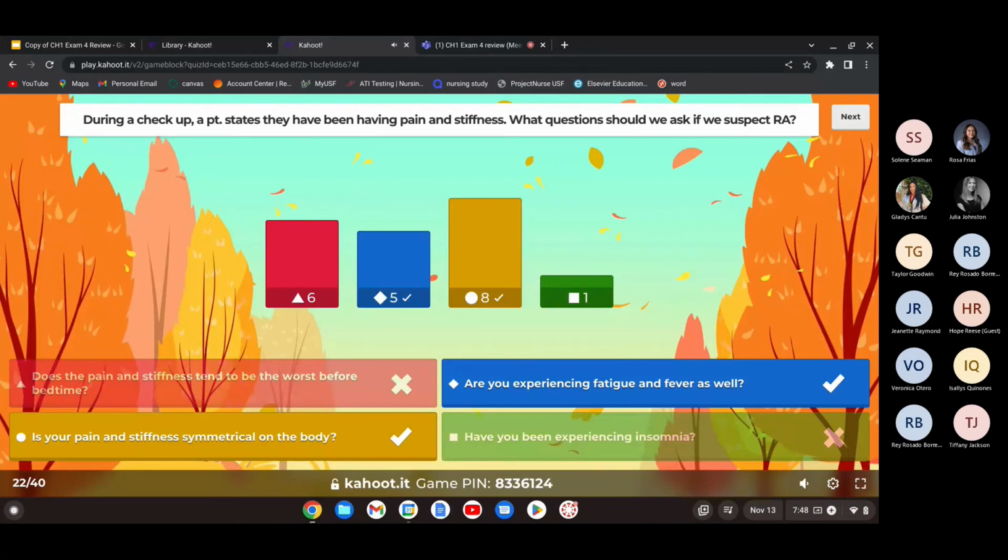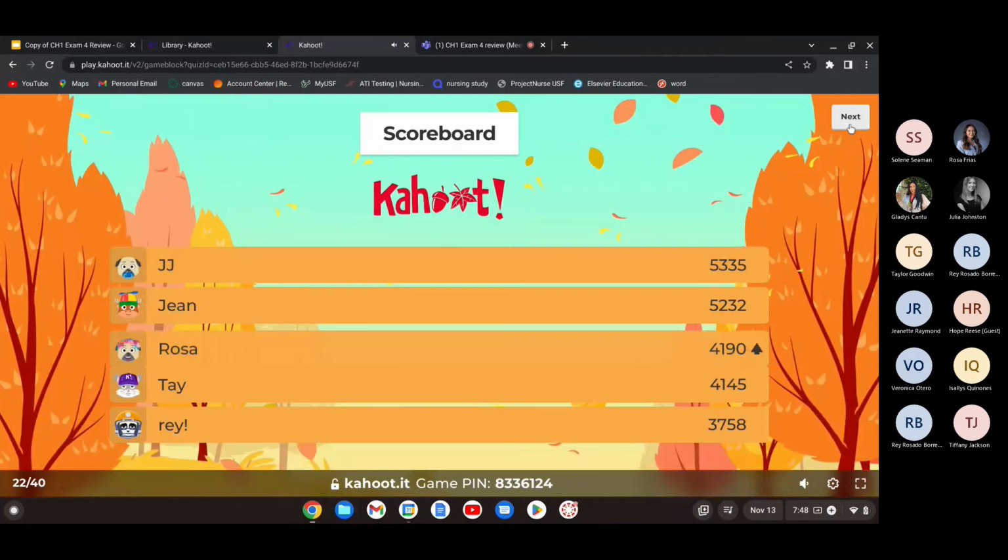So the two correct answer choices are: are they experiencing fatigue and fever? And is your pain and stiffness symmetrical in the body? The pain and stiffness for rheumatoid arthritis is actually worse in the morning. So if it were to say, does the pain and stiffness tend to be worse in the morning, that would be correct. But before bedtime, that's not when it's the worst. It's the worst in the morning when the sun comes up.